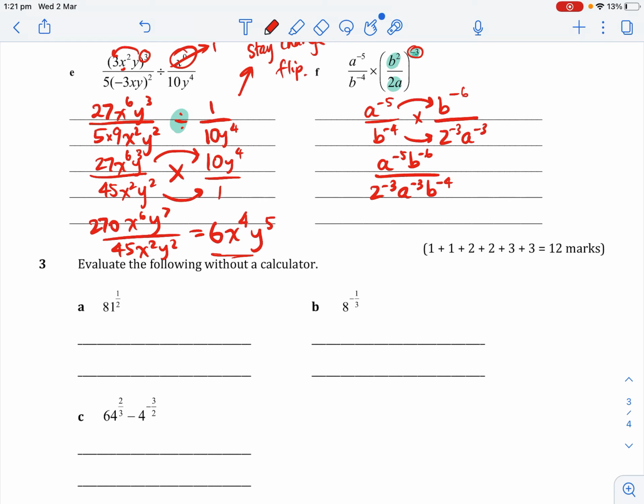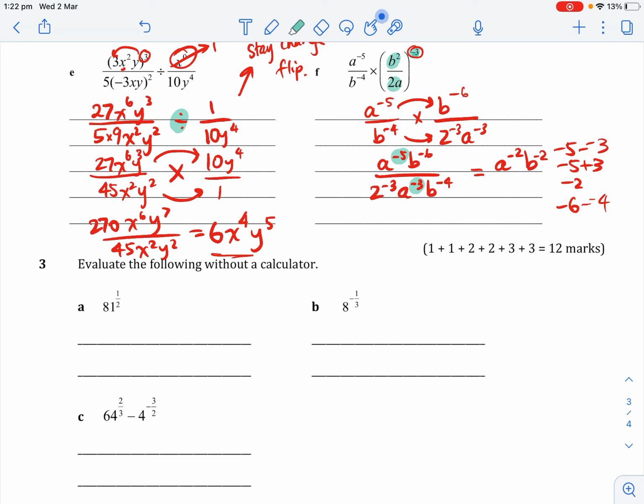Now we're dividing, so we have to subtract the powers. So here I am doing a to the power of -5 minus -3. What was that? -5 minus -3, which is -5 plus 3, which equals -2. So I get an a to the power of -2. I get -6 minus -4, which becomes b to the power of -2.